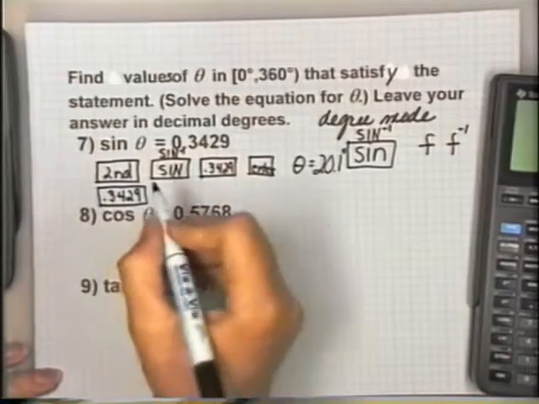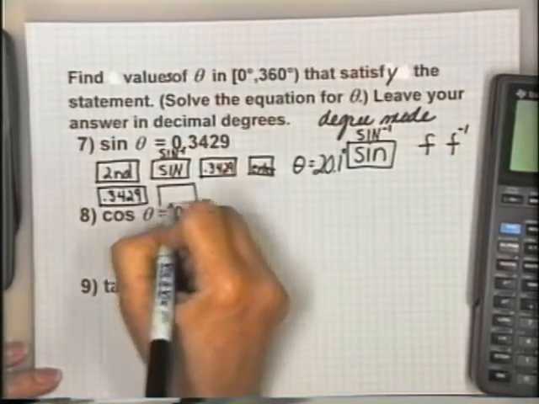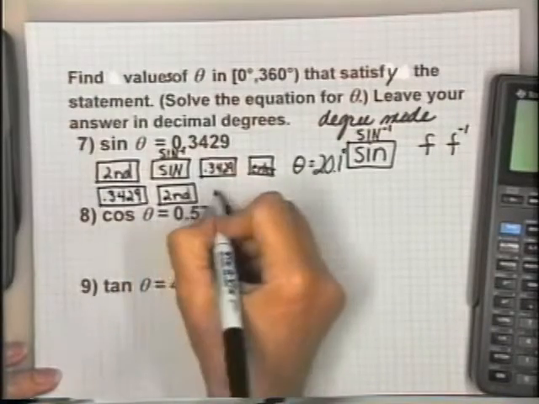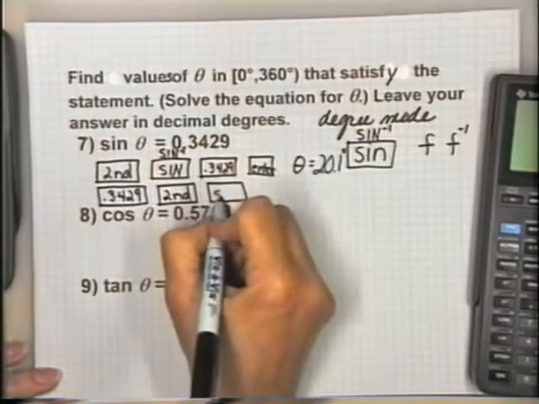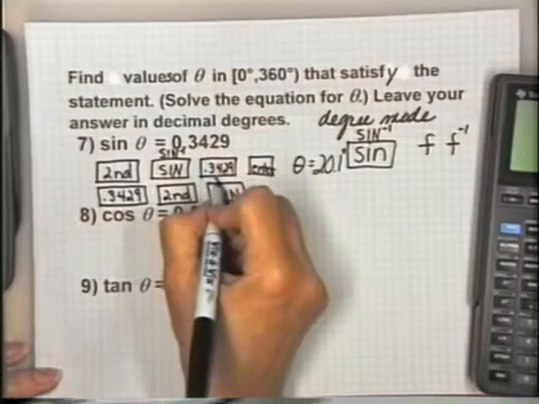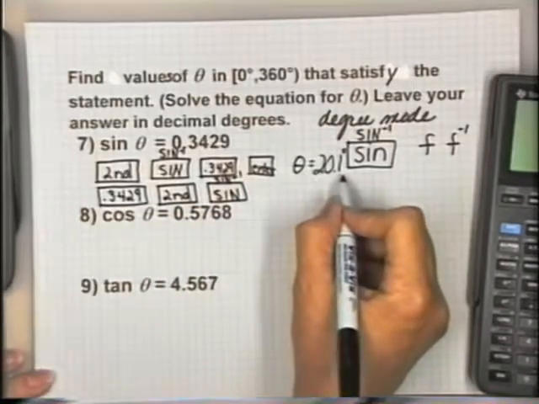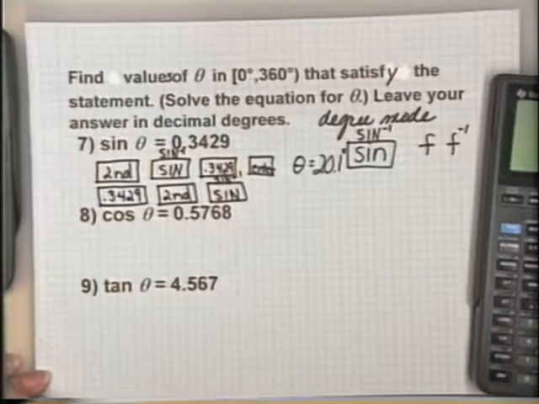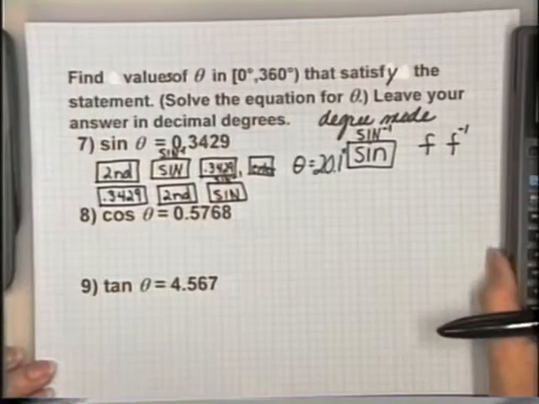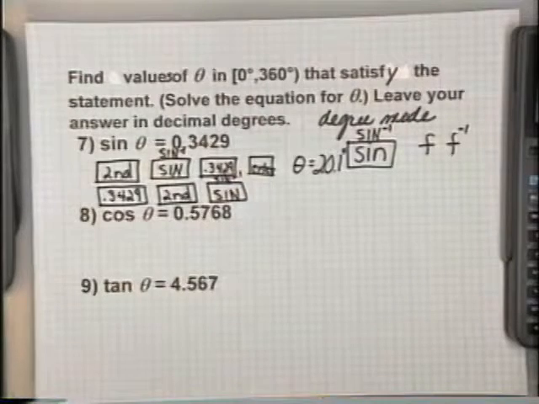So put your 0.3429 in, hit your second, and then hit that sine button, which of course is your inverse sine, and you should get 20.1 also. So hopefully everybody's found the first quadrant angle. That's what your calculator gives you, is the first quadrant angle.